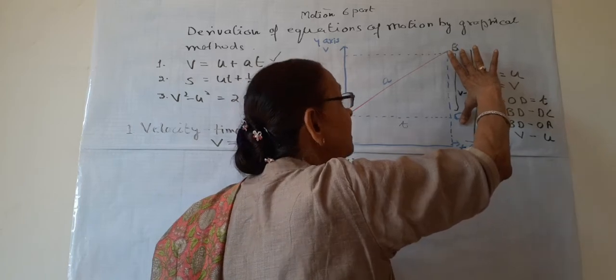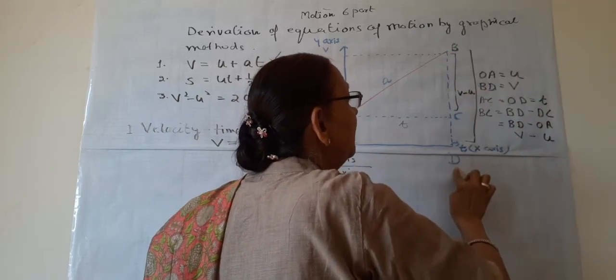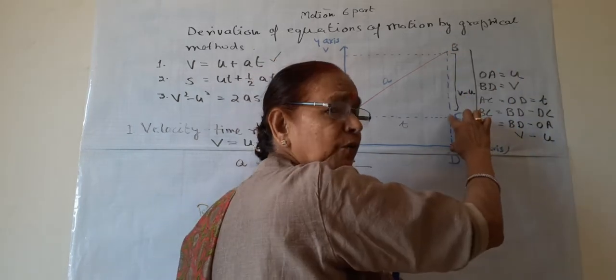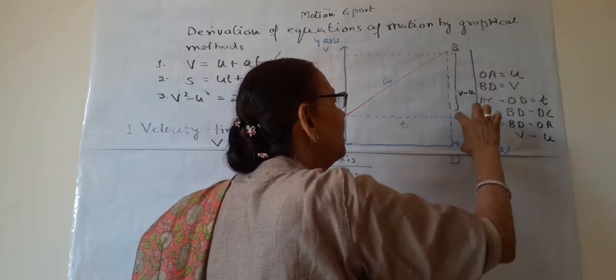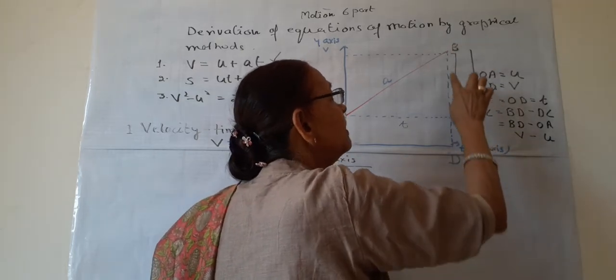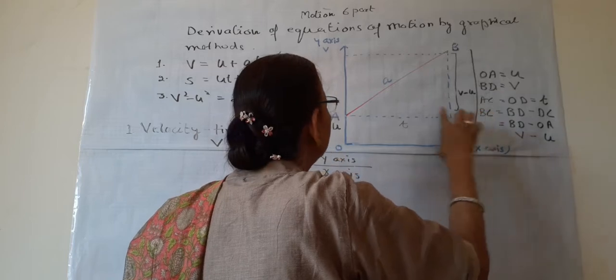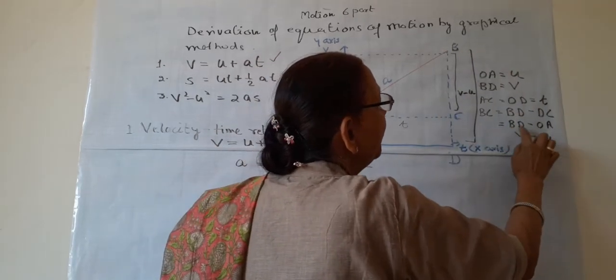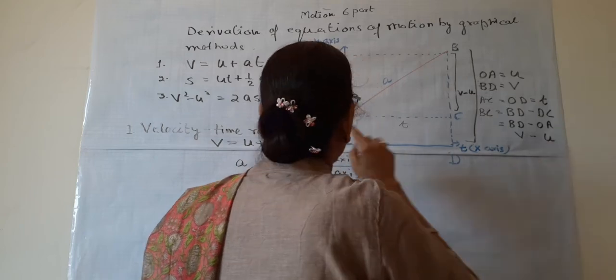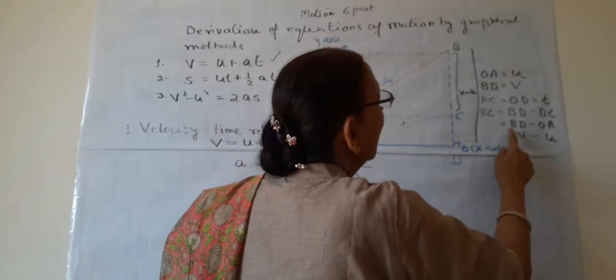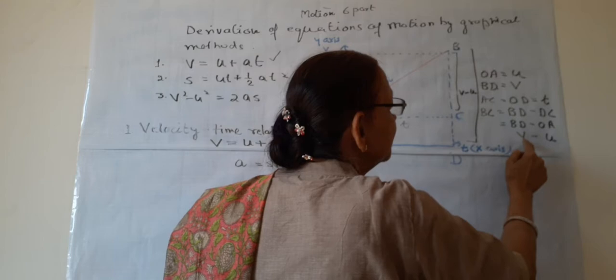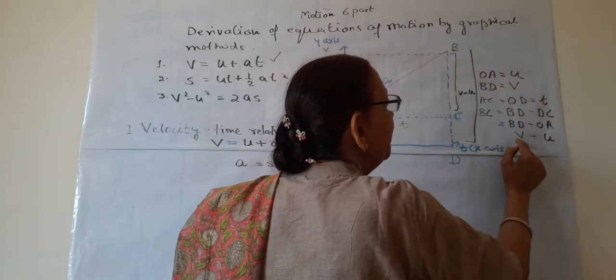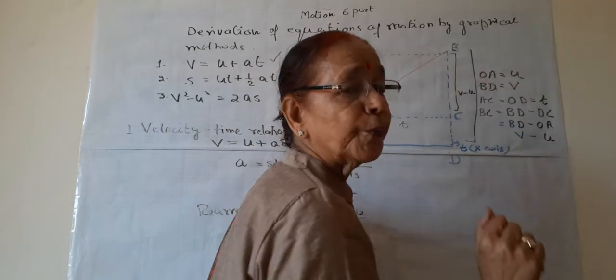Now we want to know what is this BC. This BC is BD, this full minus this, very simple. So BD minus CD is BC. Now this CD is equal to OA, so this BC is BD minus OA. Now OA is u and BD, this complete, is v. So BC will be v minus u.